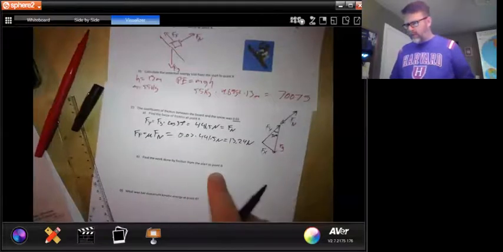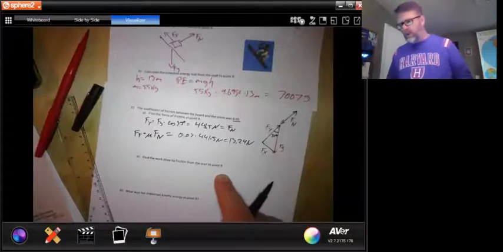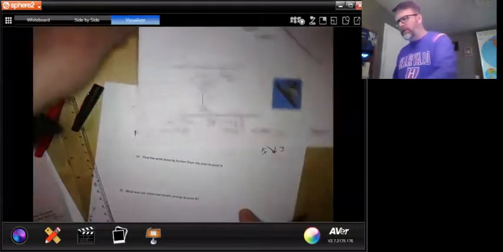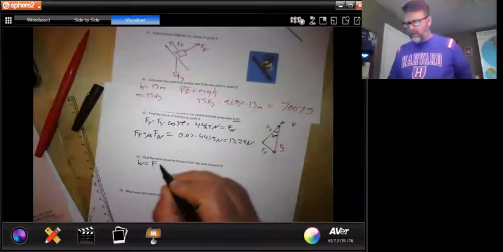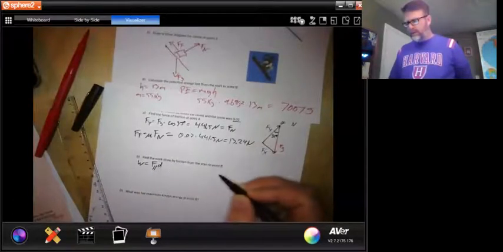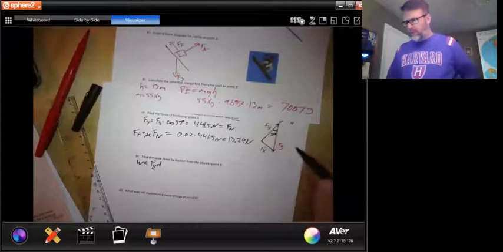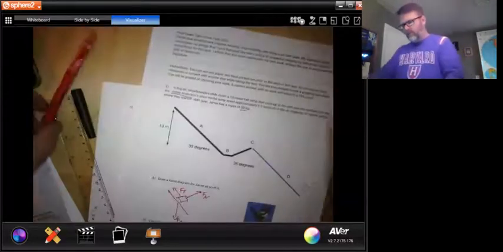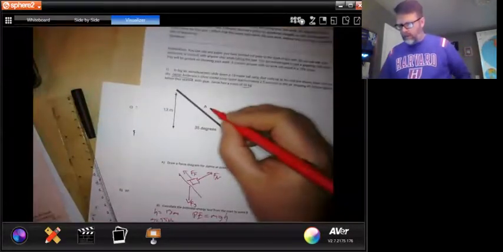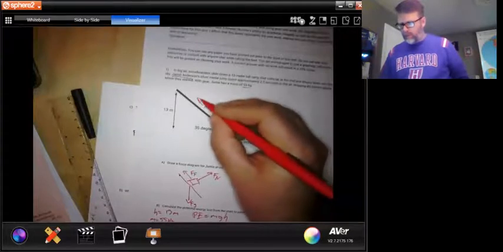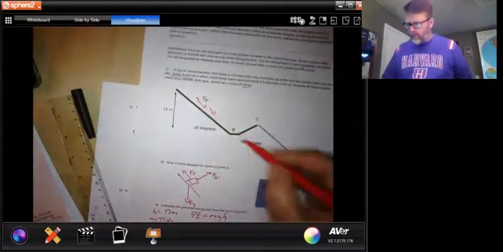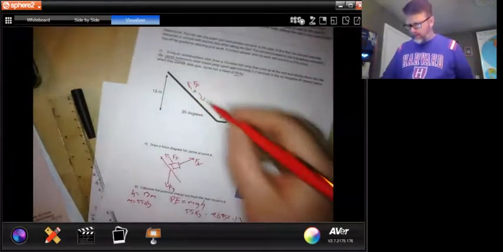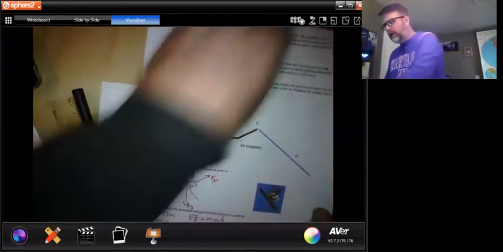Find the work done by friction from the starting point to B. This is where you really have to pay attention, because work equals force times distance in the same direction. We found the force going this way, so we need to find the distance in that direction as well.